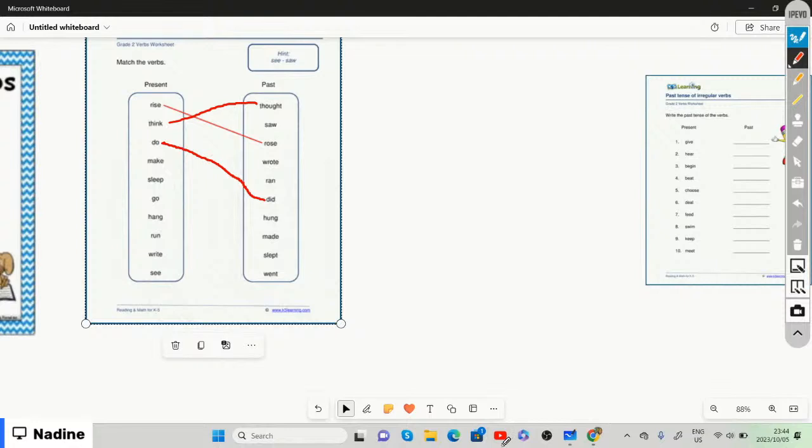Make. I make a model or structure, let's say for maths. But in the past, I made the structure.